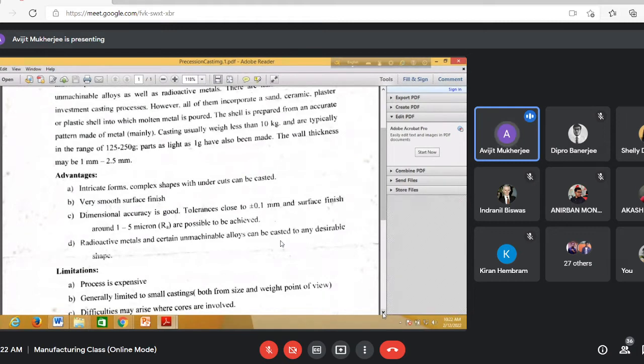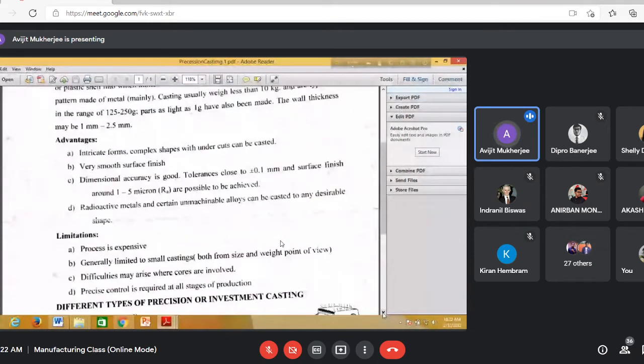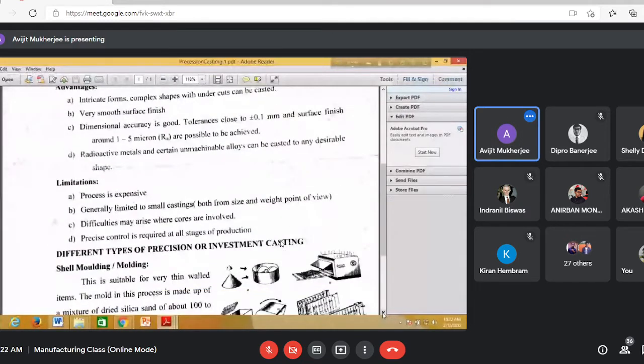And the last one, D, is the most important advantage, that is, both radioactive metals and unmachinable alloys can also be casted, right? So these are the advantages, but there are some limitations also, like this process is very expensive and generally limited to small casting.